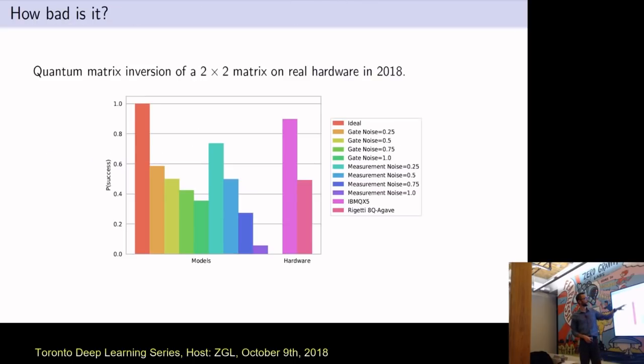And we threw different noise models at this. Inverting this 2 by 2 matrix with ancillas and everything, we needed 8 qubits to run the protocol. And we see that if there's more noise, then your success probability goes down. Fair enough.